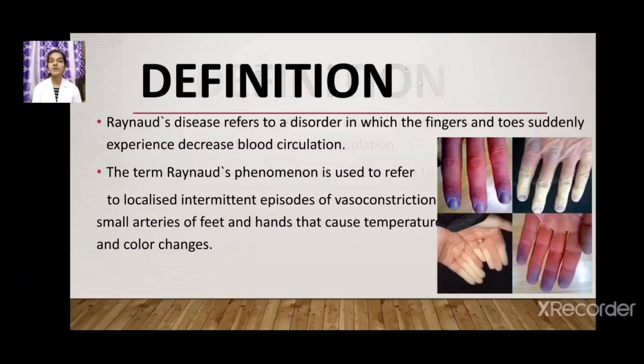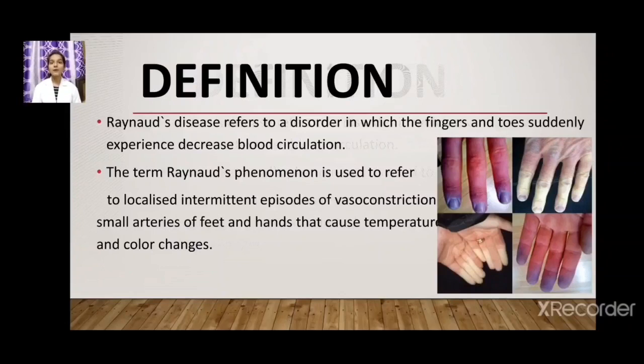and toes. The term Raynaud's phenomena is used to refer to localized intermittent episodes of vasoconstriction of small arteries of feet and hands that cause temperature and color changes. In Raynaud phenomena, there are localized intermittent episodes of vasoconstriction, meaning there are regular episodes of vasoconstriction.